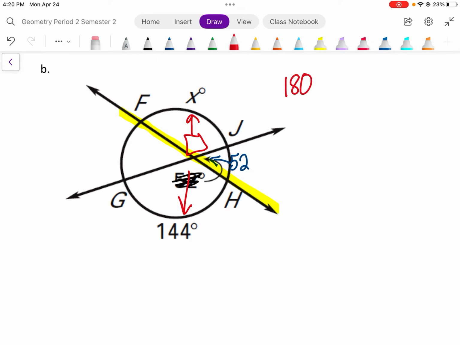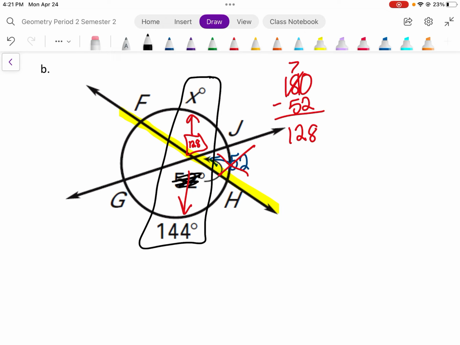We're just going to take 180 minus 52. So when we do that, we are going to be left with 128 degrees. That's the angle we need in order to solve for X. So this 52, we are done with that one for now, because we just need the angle opposite of the two arcs, 128.